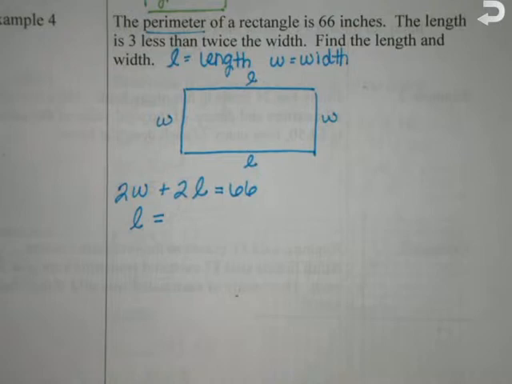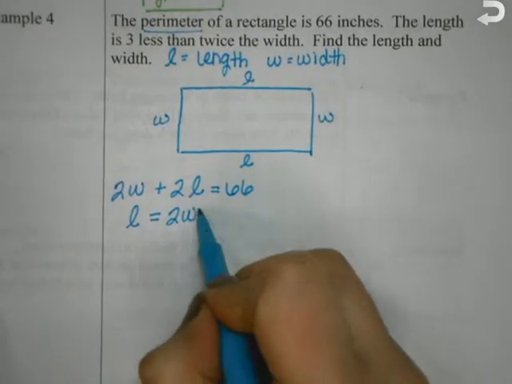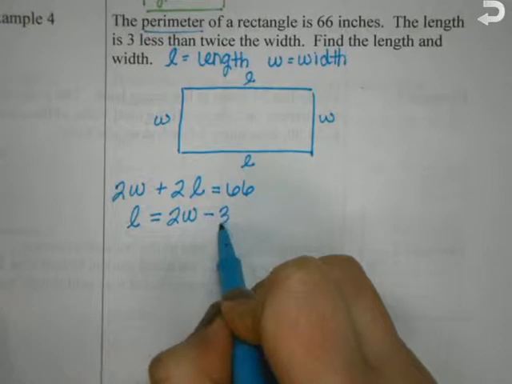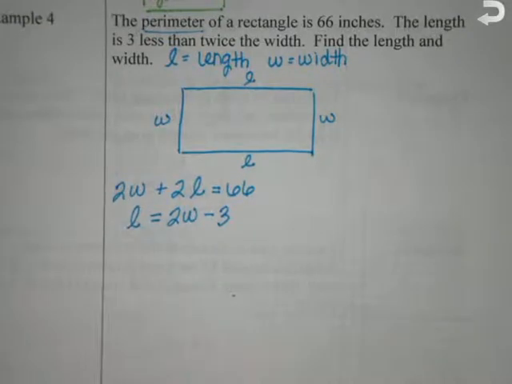That's going to give me a negative number because it's less. So 2W minus 3. 3 less than twice the width. It's a little confusing because that 3 less comes first in the sentence. But when you think about it, less means that we take it off at the end, right?